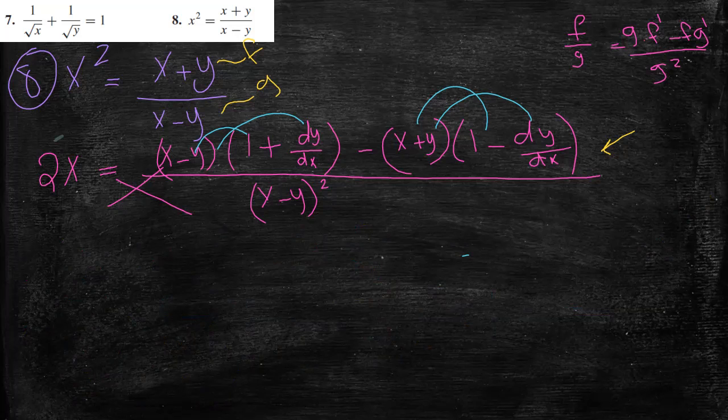We multiplied 2x times (x minus y) squared. We get 2x times (x minus y) squared equal.